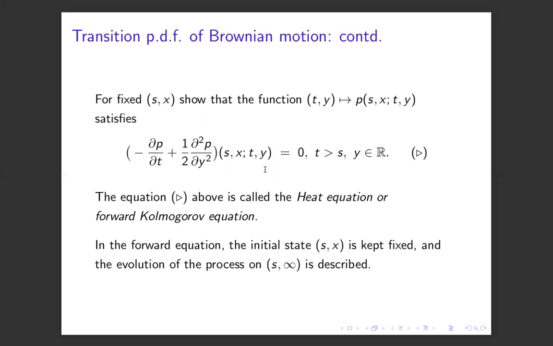So in that context, our good old Gaussian density is also called the heat kernel. It has a very fundamental connection with the heat equation. And this is the proverbial tip of the iceberg of the connection between probability and PDE.